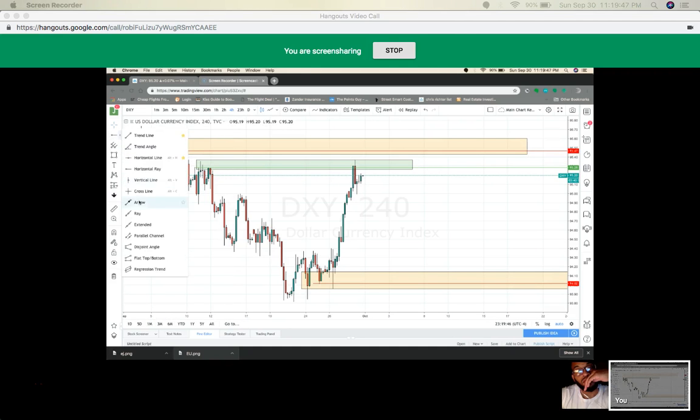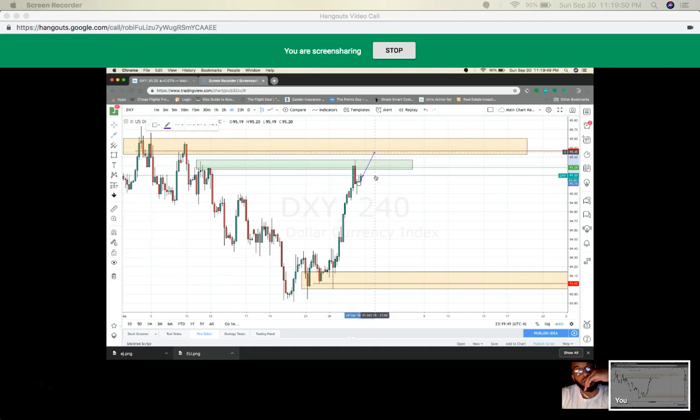This is what I'm thinking for this week. It's gonna come right here, and then it's gonna drop to, I don't know, maybe right here, since there's a level of resistance that was broken right there. And then go up. That's what I think. But I mean, I don't know.